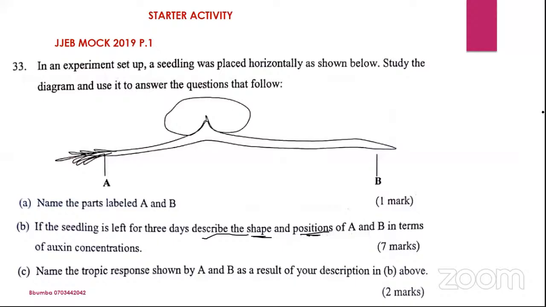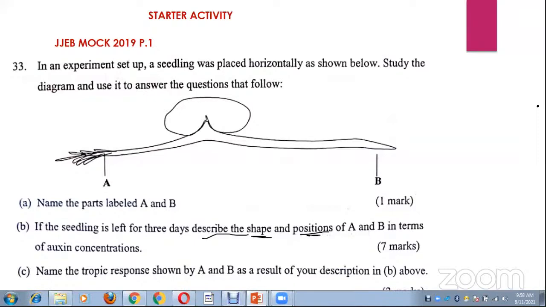Okay, nothing. Yes, Tekino. It will go downwards due to geotropism. Gravity will pull B downwards.